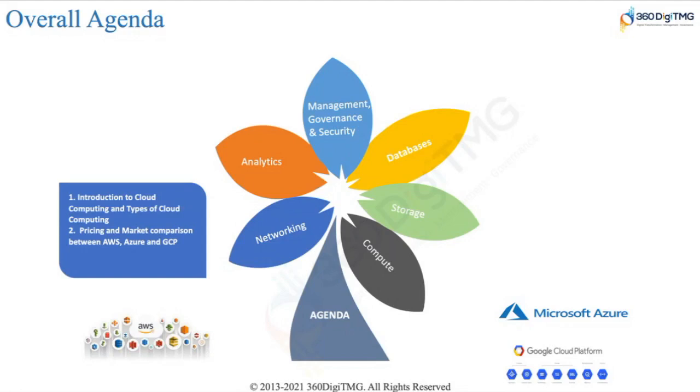Okay, and coming to our agenda, we will talk about different types of clouds. I'm talking about comprehensive cloud computing. If you want to opt for only solution architect in AWS or only in GCP, you can also do that.